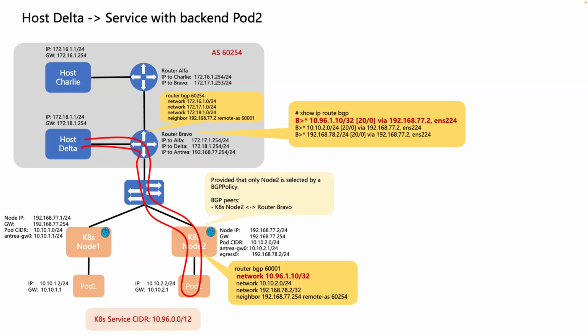So that's the requirement I mentioned before. Maybe all the setters in this AS must be reachable from node 1 or node 2. Okay, this is the first example.